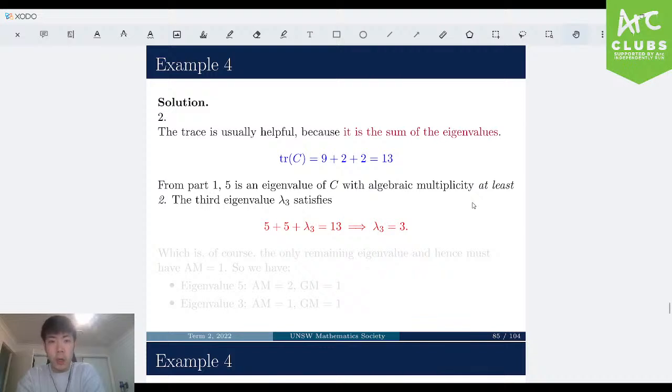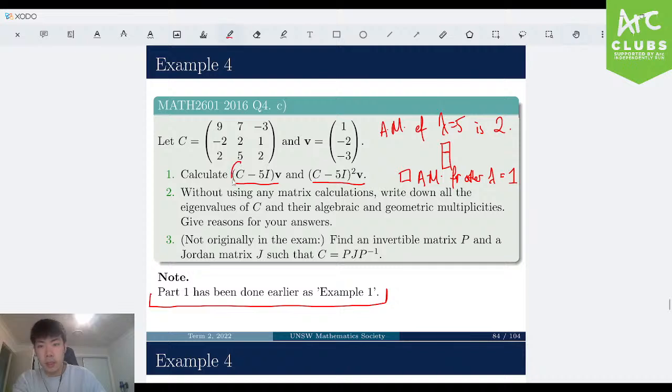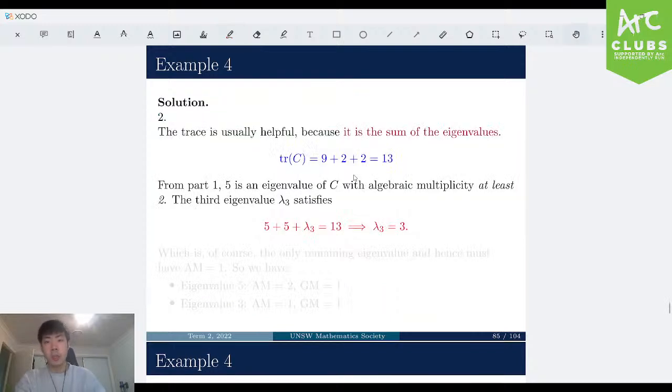We know that already because it was (lambda minus 5) squared, and also because it required 2 of these, to the power of 2, to bring it back down to the 0 vector. Which means it must be 5 plus 5 plus some other eigenvalue equals 13, and so the other eigenvalue is actually just 3.